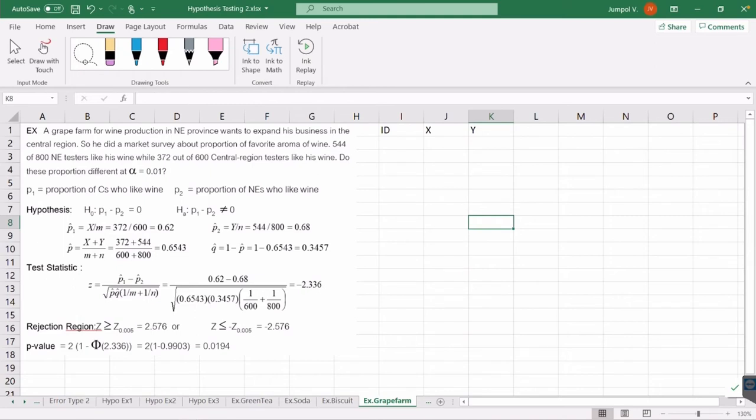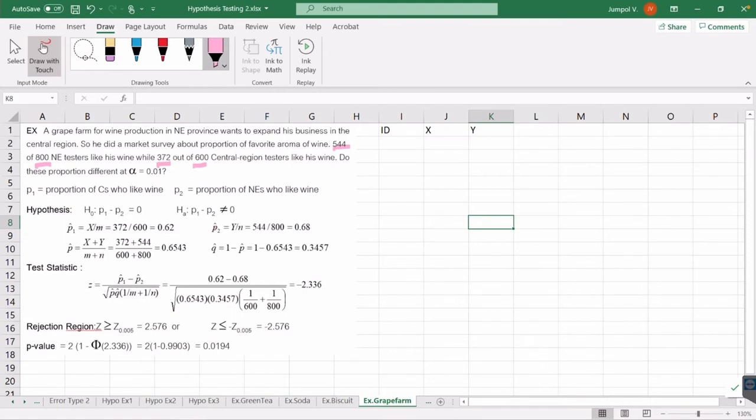P hat 1 is the proportion of the sample from the central region, so it's 372 divided by 600, and for the northeastern region it's going to be 544 divided by 800. This is P hat 2.